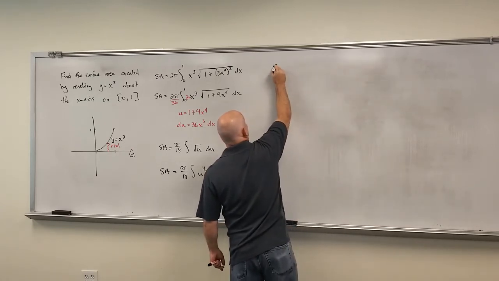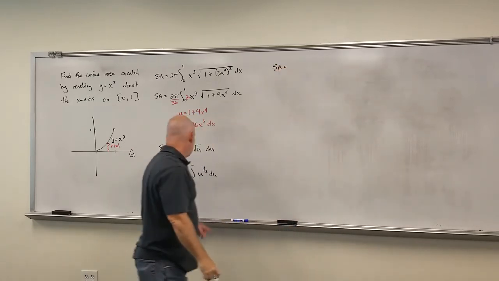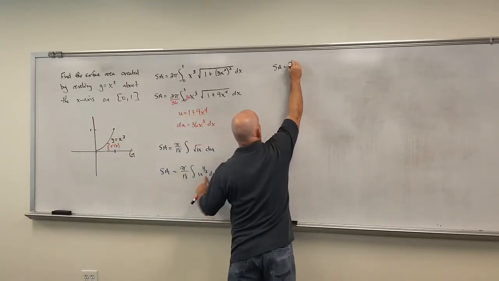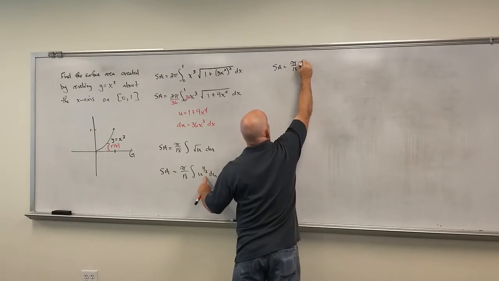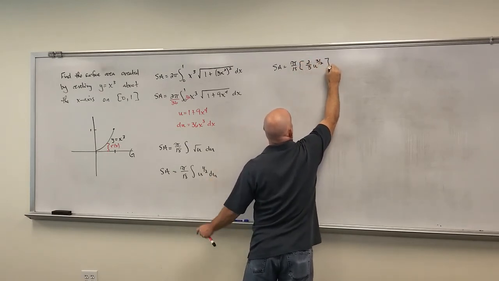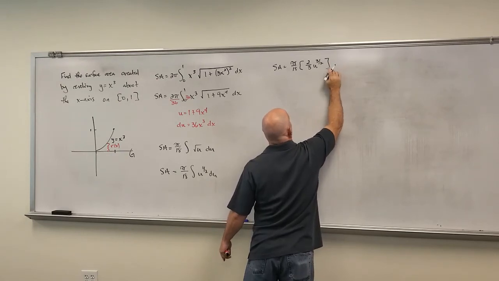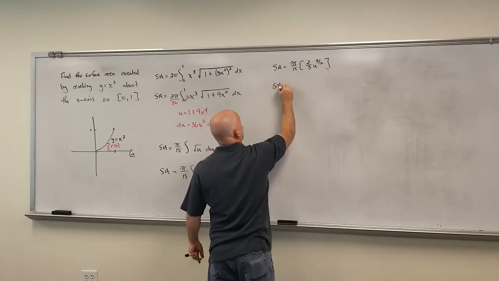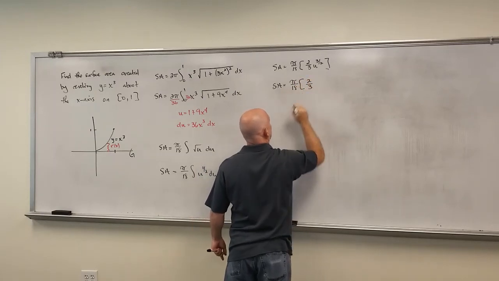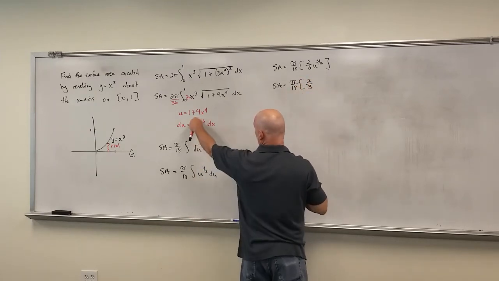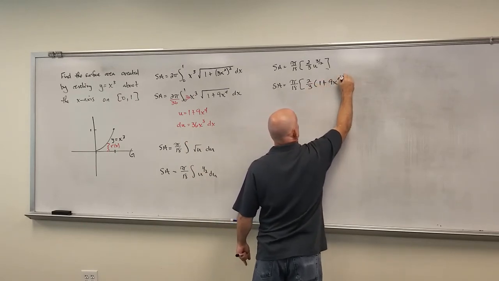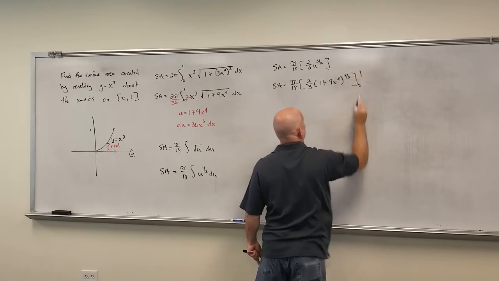So add 1 to the power, we get 3/2, so 2/3 out front. Pi over 18 times 2/3 u to the 3/2. What was u again? u was 1 plus 9x to the 4th, so 1 plus 9x to the 4th to the 3/2, now evaluated from 0 to 1.